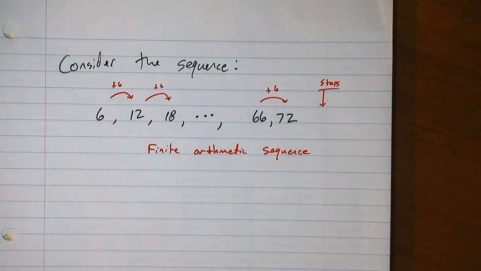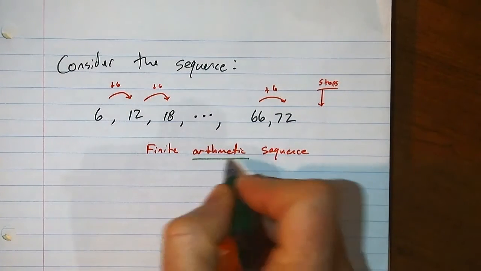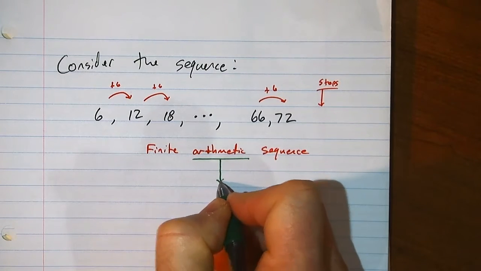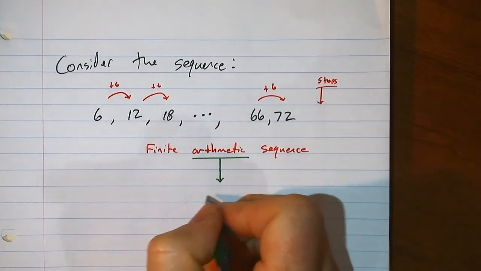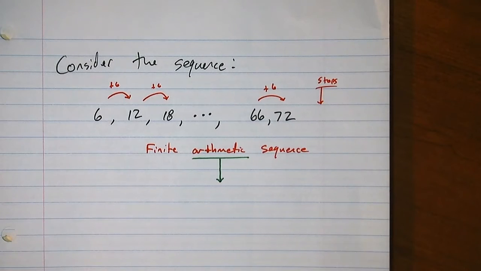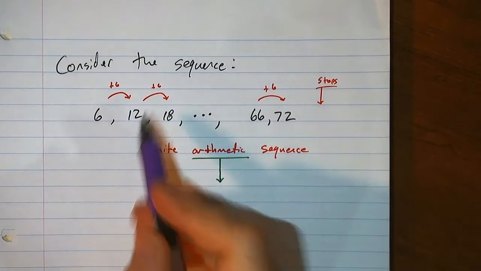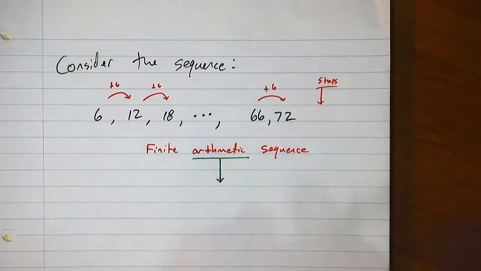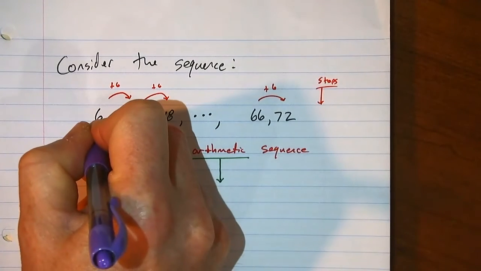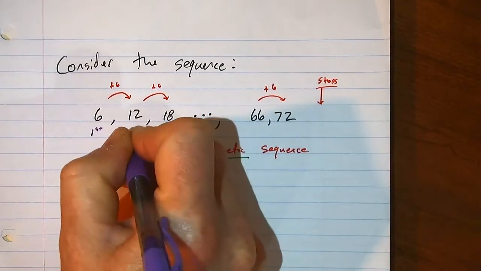All right, but now, what we're going to talk about in this video is how do we find the formula for an arithmetic sequence? And to help us, here's what I want you to realize. Notice, as we said before, that due to the fact that it's a sequence, these numbers have been arranged in a specific order. This is the first number.